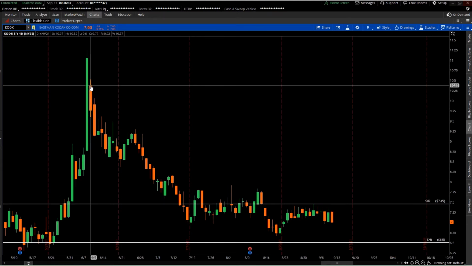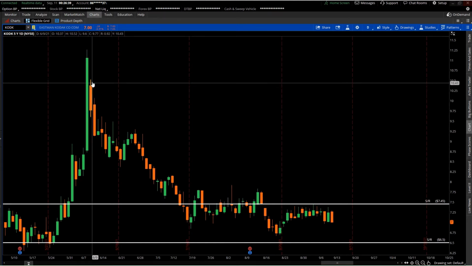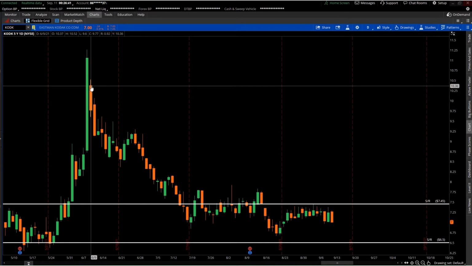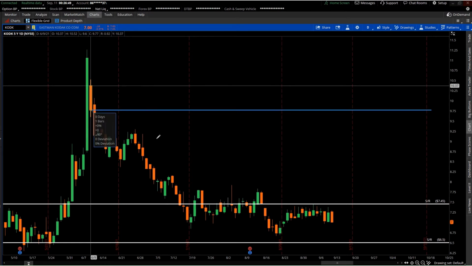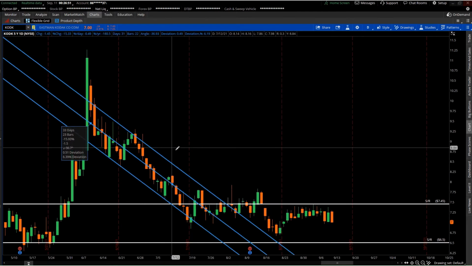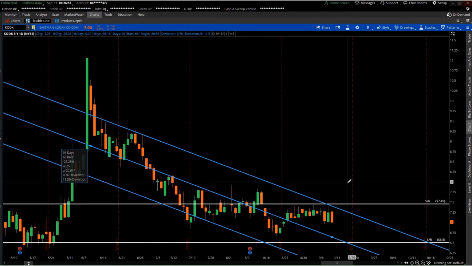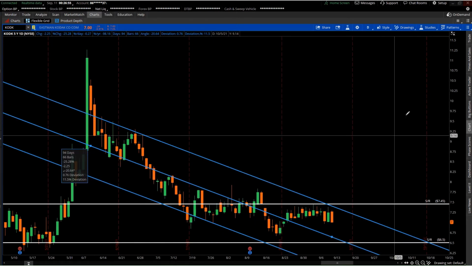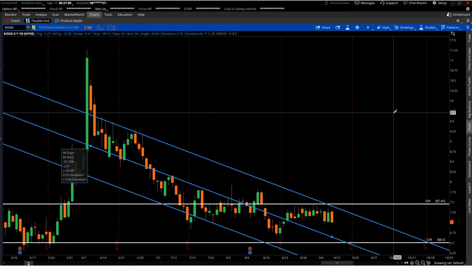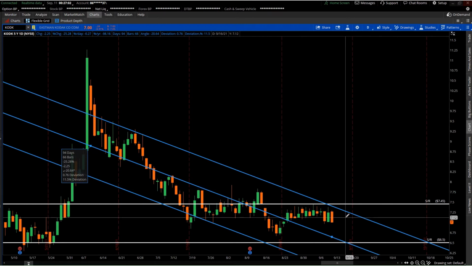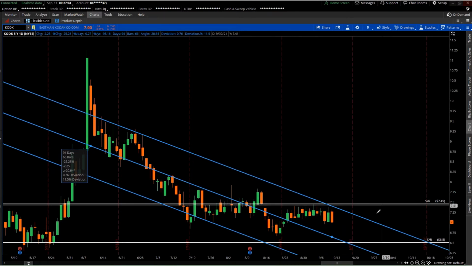From the top of this candle, not the wick, but the body of this candle, I added a regression channel, right here on Thinkorswim. When I tried to go as far up as I could, like my cursor is up here and the channel can't move any higher, right? So this is as high as it goes.